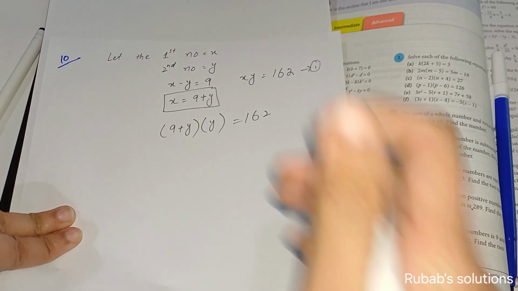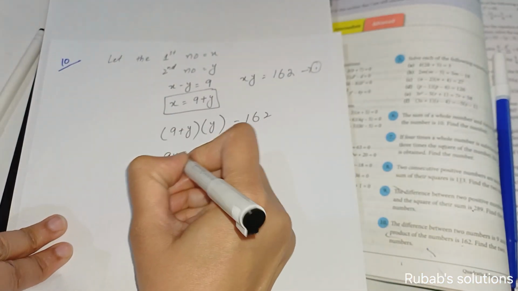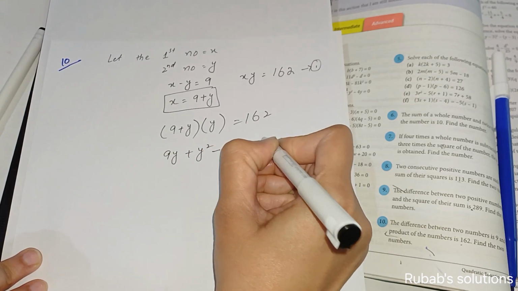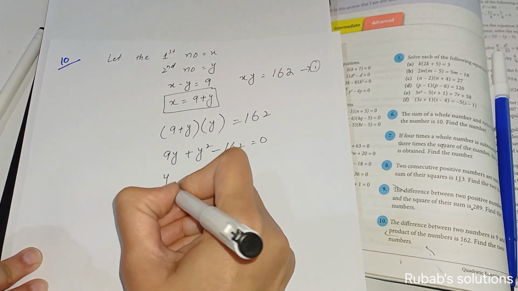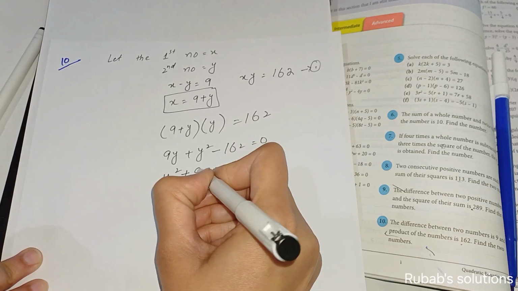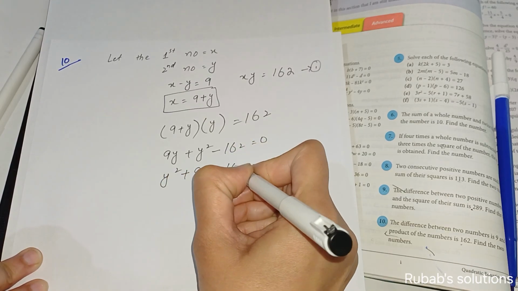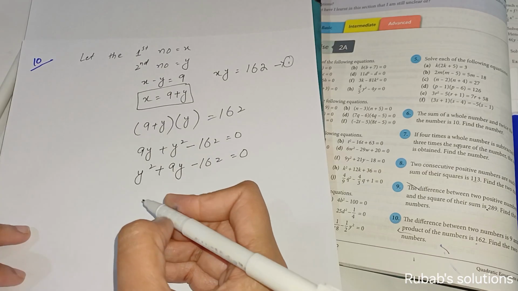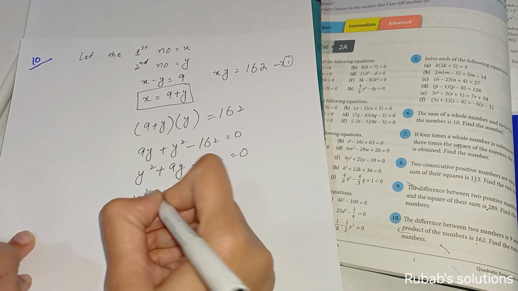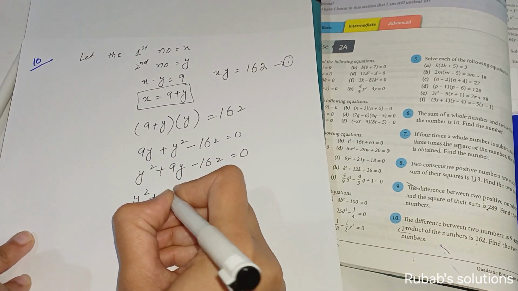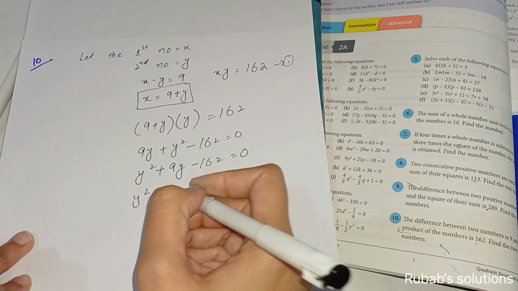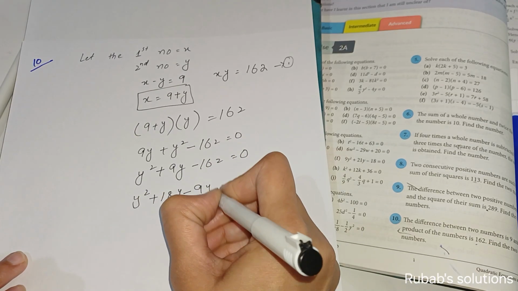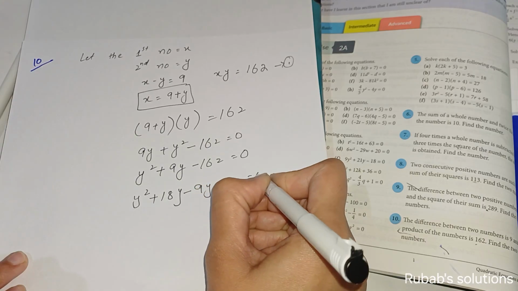When I simplify, I get 9y plus y square minus 162 is equal to 0. I can rearrange it: y square plus 9y minus 162 is equal to 0. From here the factors: y square plus 18y minus 9y minus 162 is equal to 0.